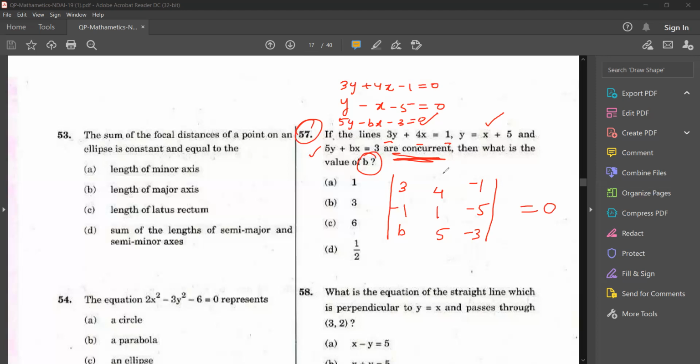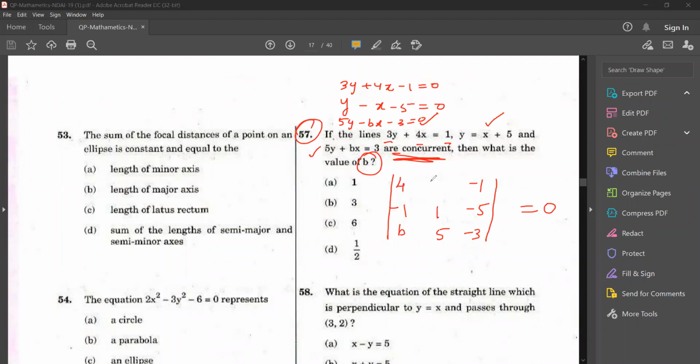Understood? So now you have to just take the determinant of this and you can find the value of b. See here you have to write the coefficient of x in the beginning. Okay, x here is 4, isn't it?